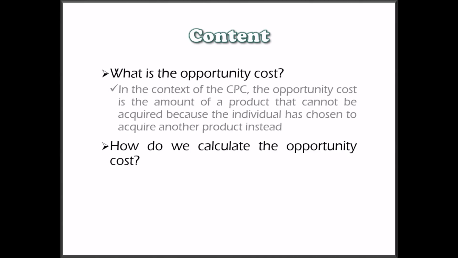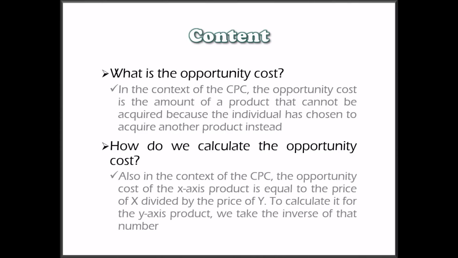In the context of the CPC, the opportunity cost is the amount of a product that cannot be acquired because the individual has chosen to acquire another product instead. Also in the context of the CPC, the opportunity cost of the x-axis product is equal to the price of X divided by the price of Y. To calculate it for the y-axis product, we take the inverse of that number.